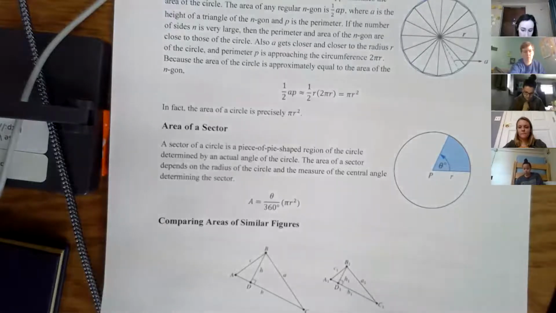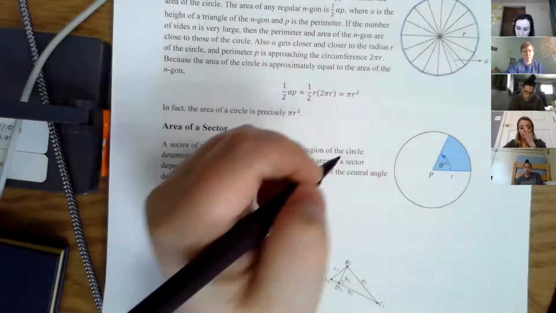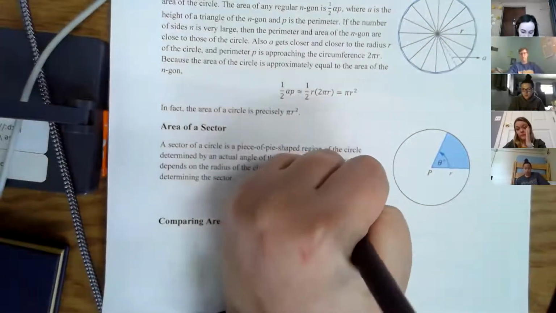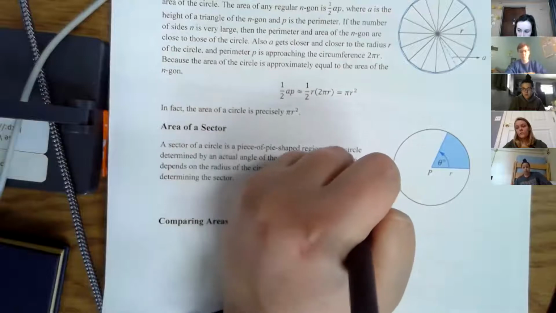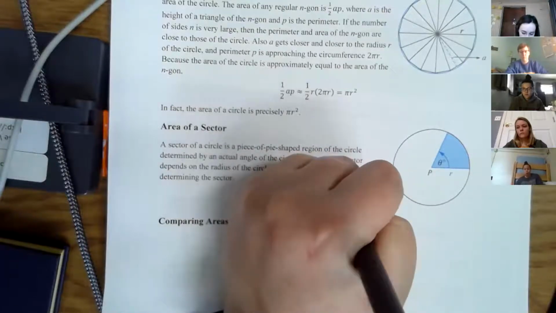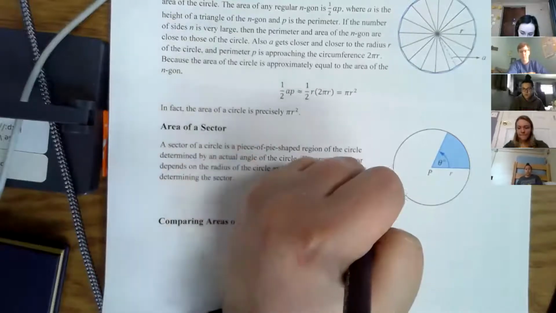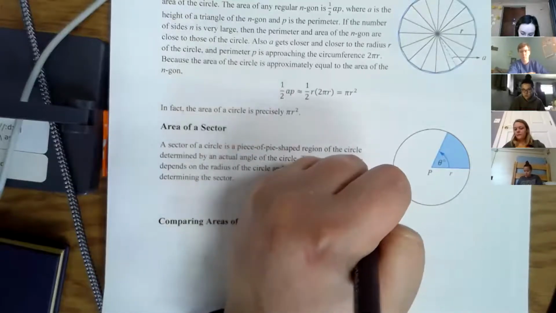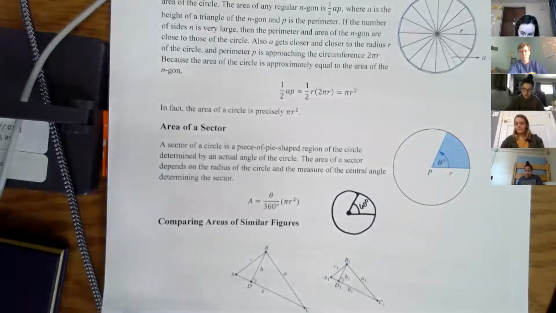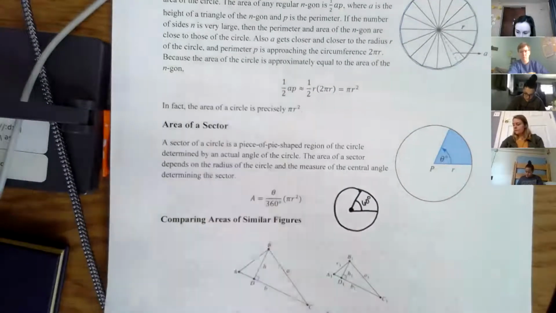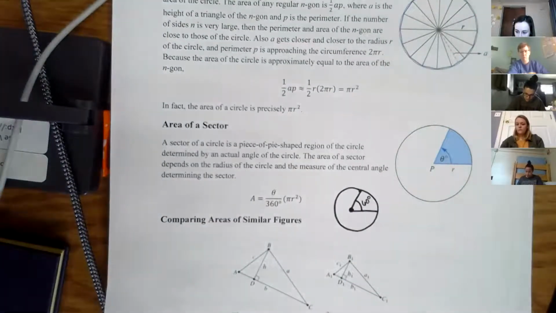So for example, if I was talking about the circle here, and I made this angle 60 degrees. Yes, I know that's not drawn to scale, but I want to find the area of that piece here.